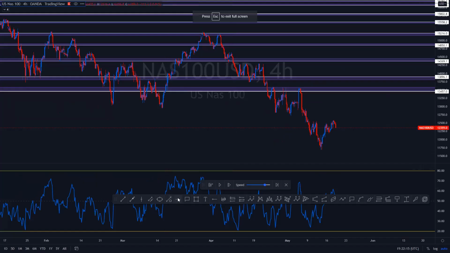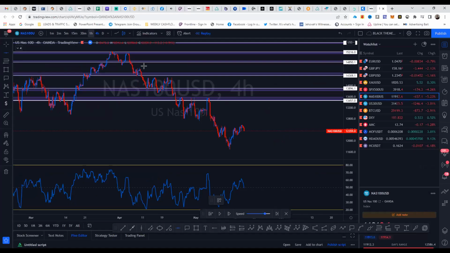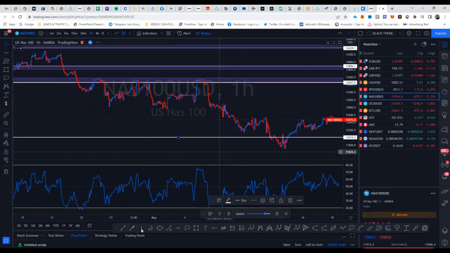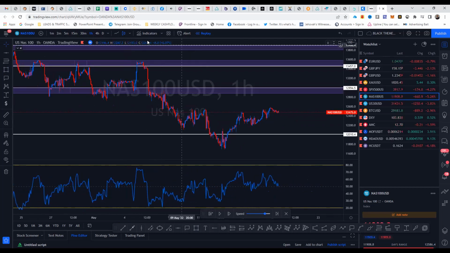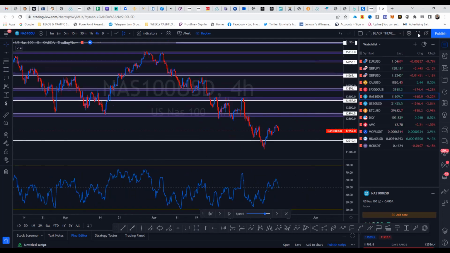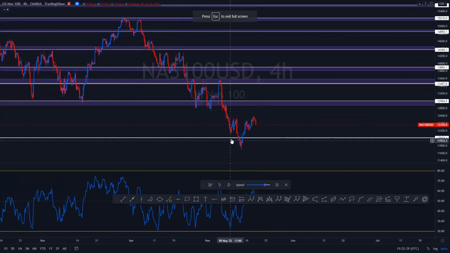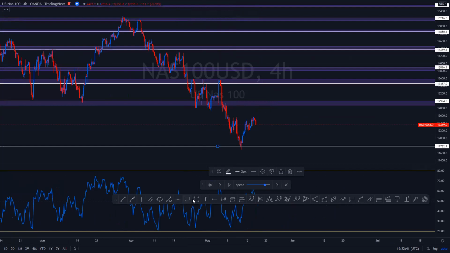So then, well, actually, let me go back to the 1 hour. I got one more thing. With the 1 hour, I'll put another horizontal line right up in here. Then go to the 4 hour. And then it's going to be another horizontal line down here.